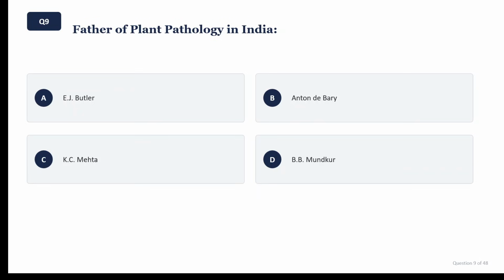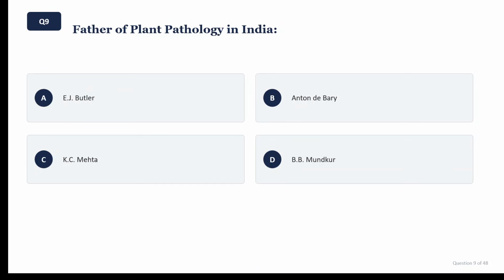Then Anton de Bary, we all know, is father of modern plant pathology. Birbal Sahni did work on rust. Then B.B. Mundkar is the father of the Indian Phytopathological Society. Not father, first president.